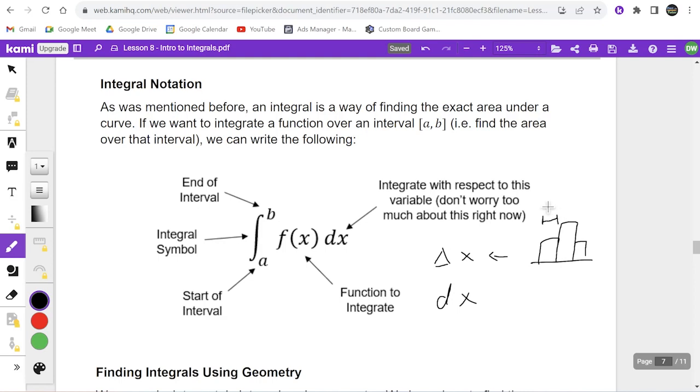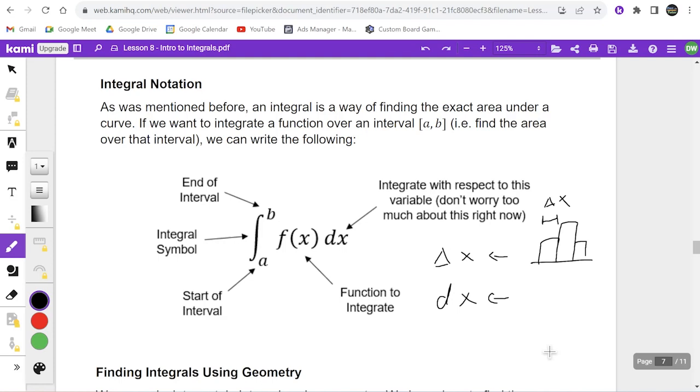Each of these rectangles has a width of delta x. dx is specifically an infinitesimally small width. In other words, it's like having a width of 0. But it's not 0 because it's 0.000000001. Actually smaller than that. Infinitely smaller than that. But still bigger than 0.